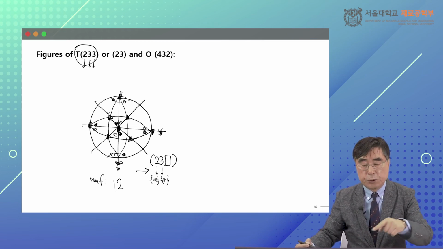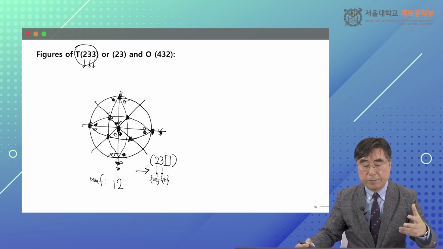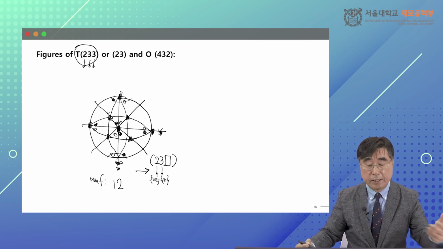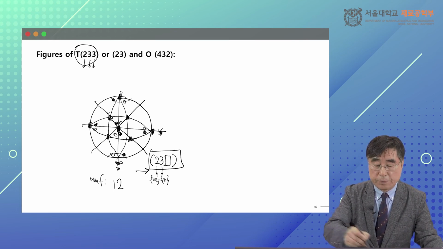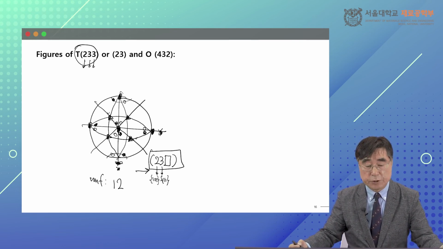Okay, so 2, 3 in the standard symbol means that in the cubic symmetry, all the 100 type axes, x-axis, y-axis, z-axis, have twofold, and all the 111 axes have threefold. So this is the notation that people use in international symbols.